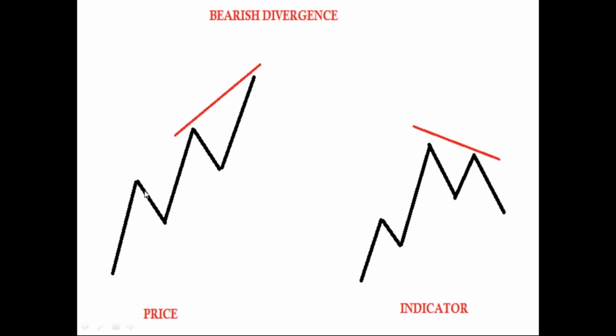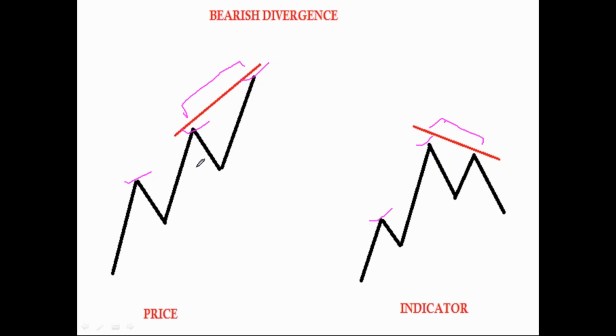Now just see, this is the price and the price is moving higher and making a higher high. That means the price is moving in an uptrend, and the indicator was following the price, and suddenly at this point when the price makes a higher high, the indicator makes a lower high. So this is a bearish divergence.